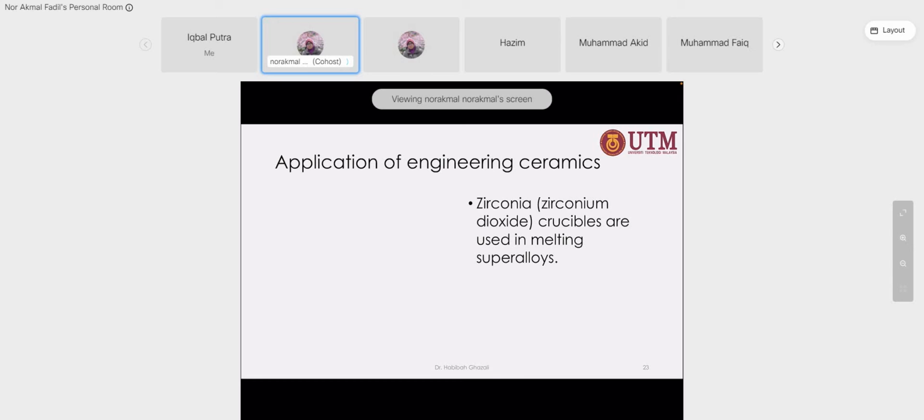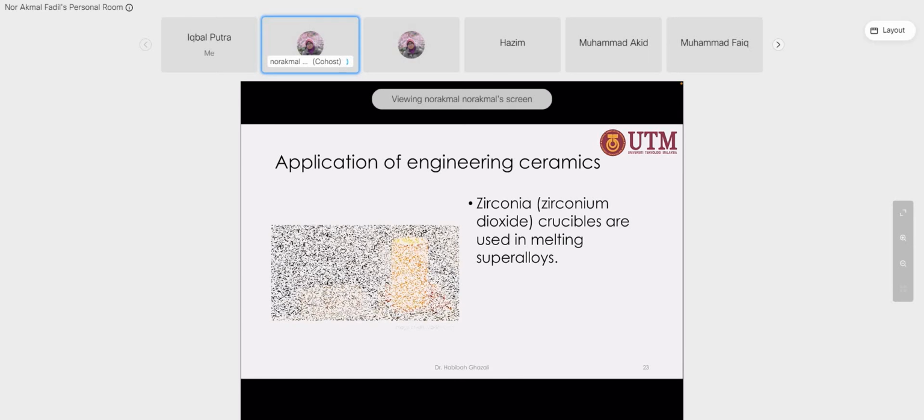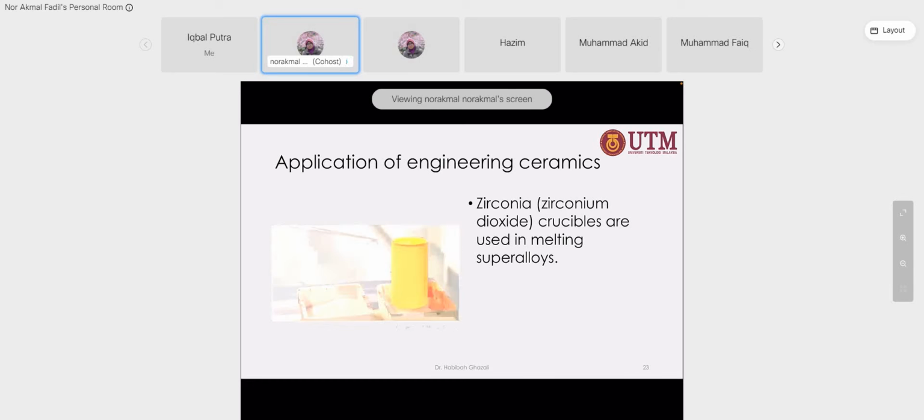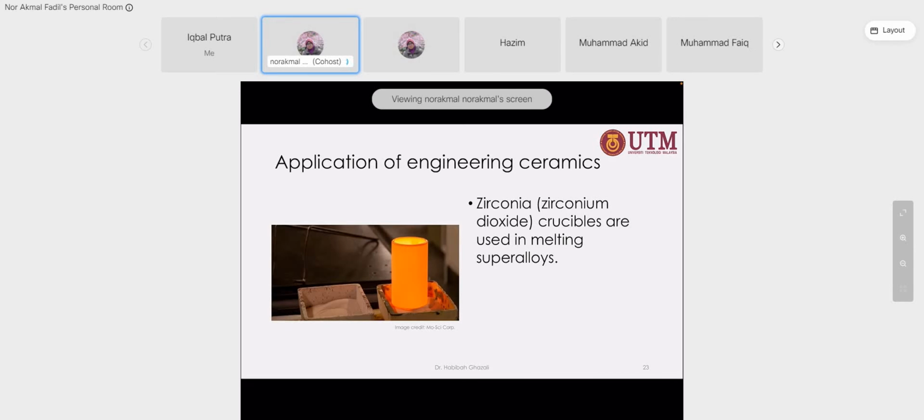Zirconia, or zirconium oxide, is suitable for crucibles for melting superalloy. For example, if you want to melt some metal, this crucible is the container you pour the molten material into. To melt a superalloy, for example nickel superalloy, the temperature is more than 1400 or 1500 degrees Celsius, even reaching 1600 degrees Celsius.